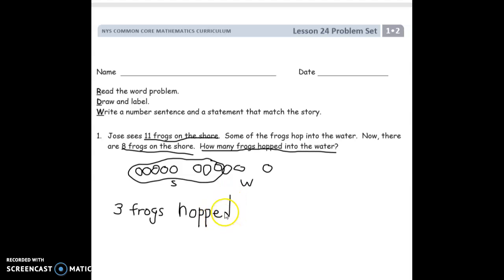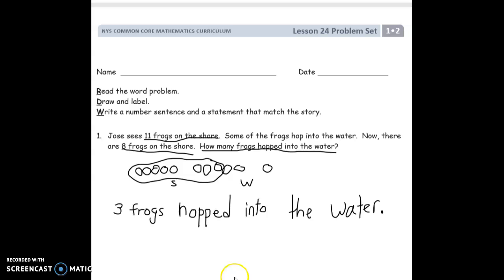hopped into the water. And what goes at the end of our sentences? A period, our punctuation. Now we don't need to capitalize our sentence because we're starting it with a number.